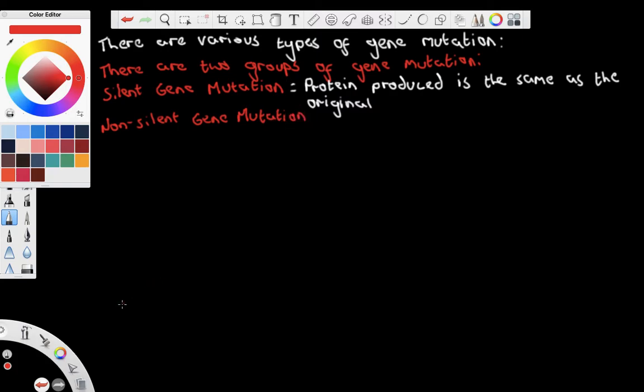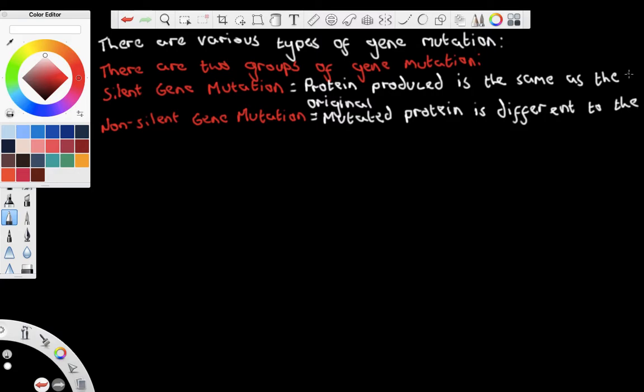And we can say that the mutated protein is different to the original. Okay.